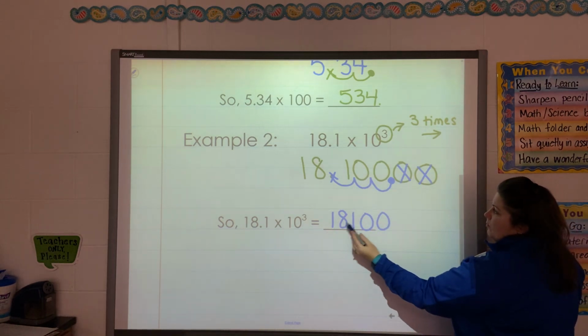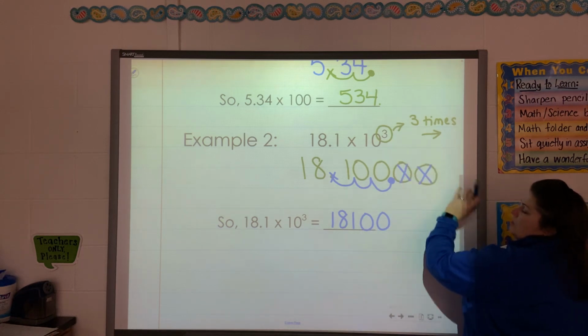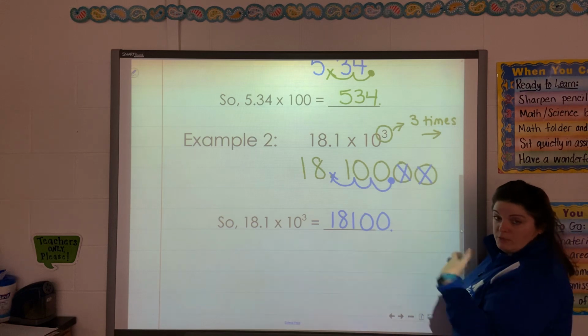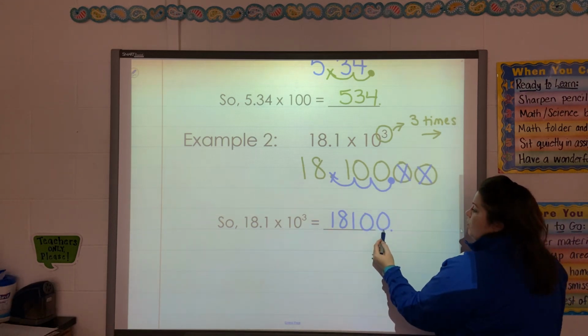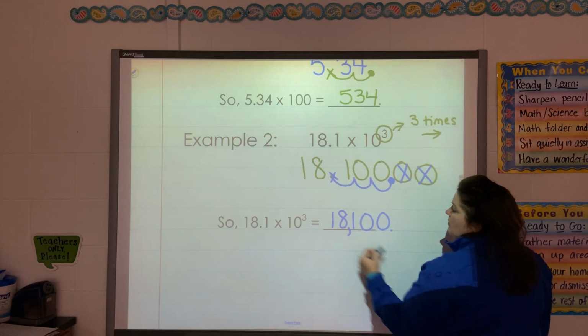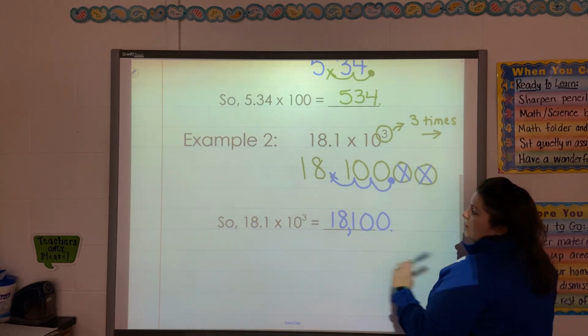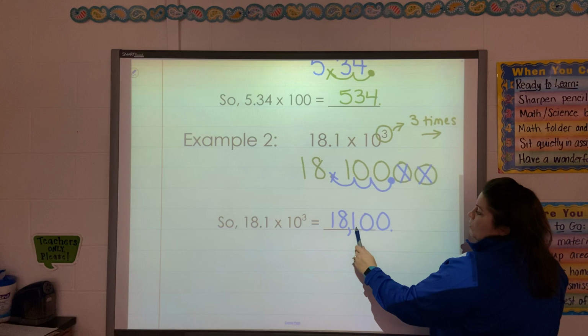It's a whole number because there are no other digits that are not 0 after my decimal point. So now I count 3 spaces to give my comma, 1, 2, 3, comma, and 18 1/10 times 10 to the third power is 18,100.